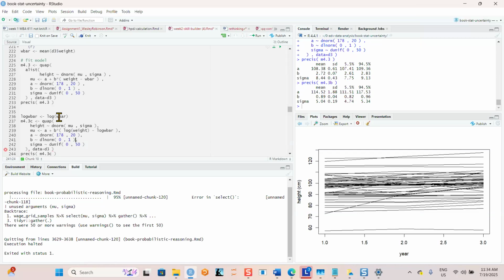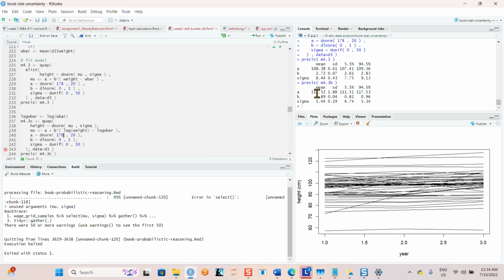Actually, we have the M4.3C WAP thing. Okay, log weight. Let's just see if this works. I'm going to set A to 114 now, because look, this is how I use extra knowledge, right?